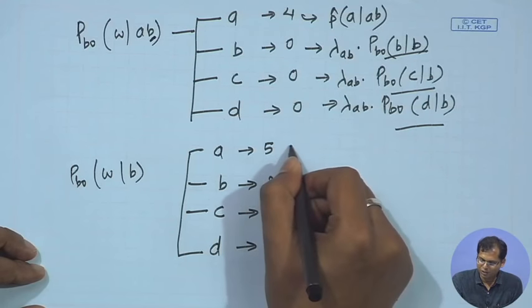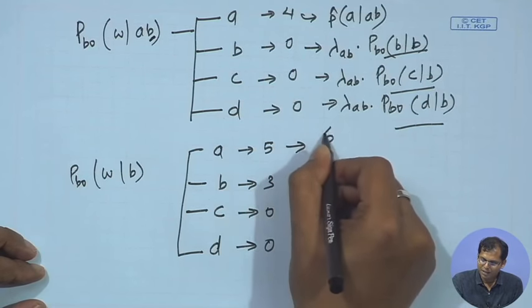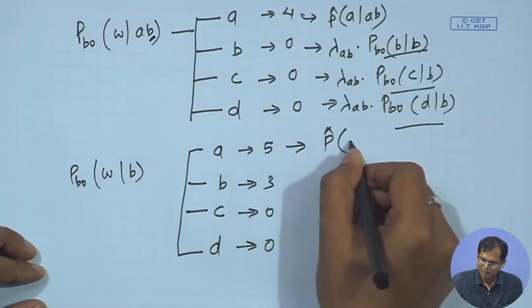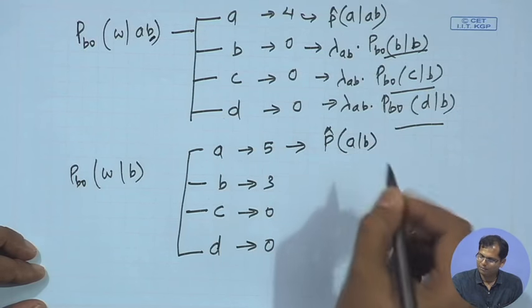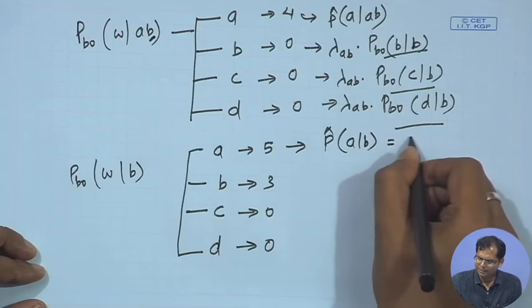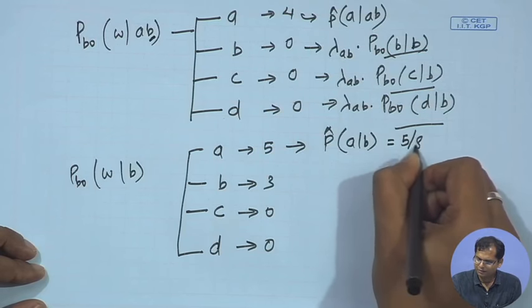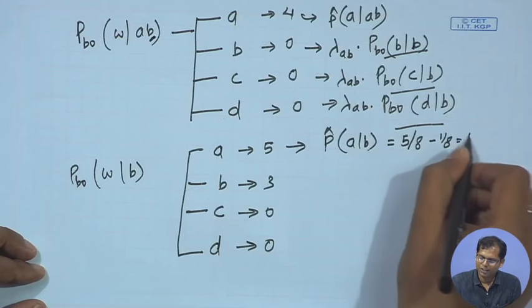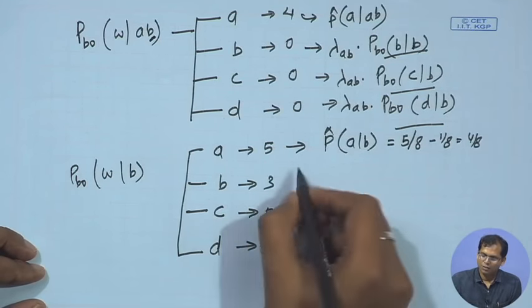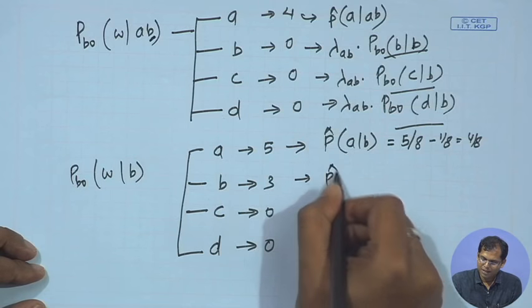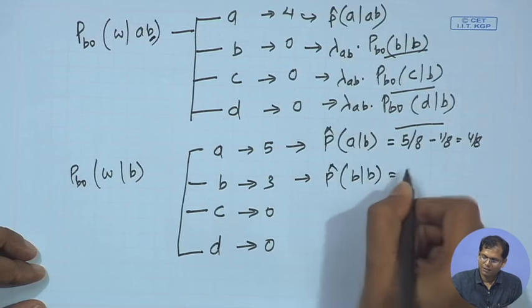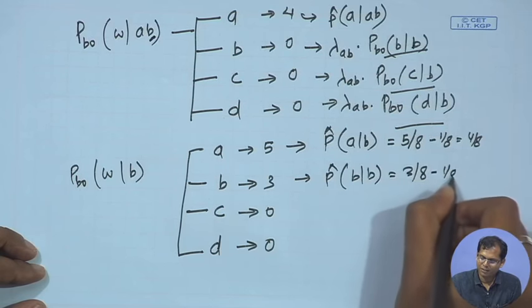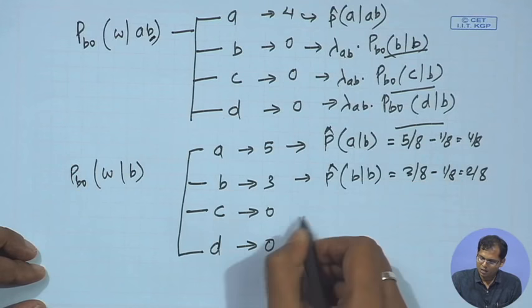So as per my definition, P hat A given B will be 5 by 8 minus 1 by 8, that is 4 by 8. P hat B given B is 3 by 8 minus 1 by 8, that is 2 by 8.